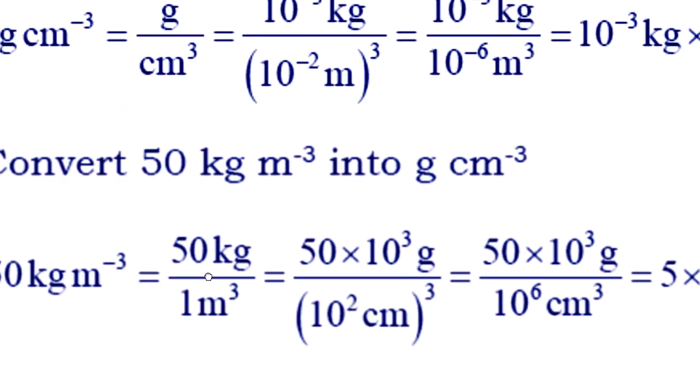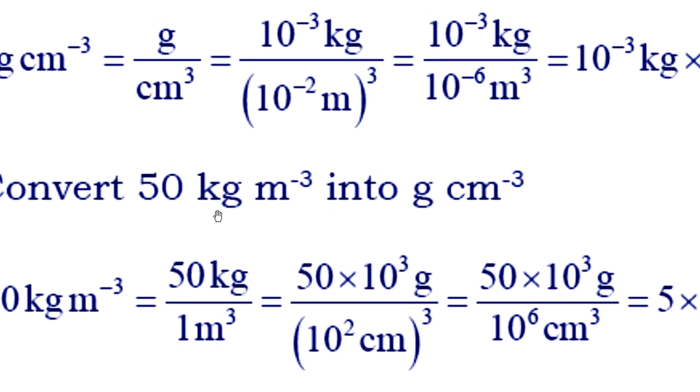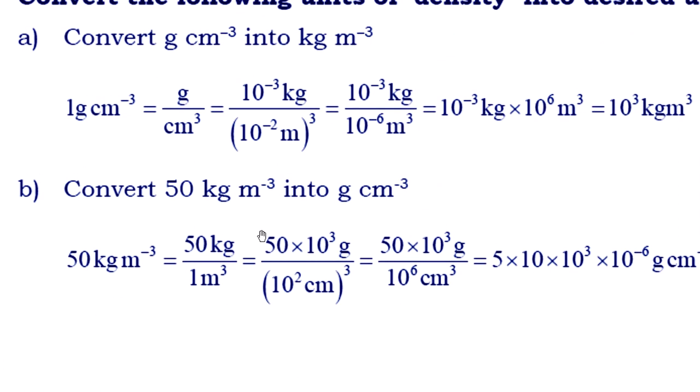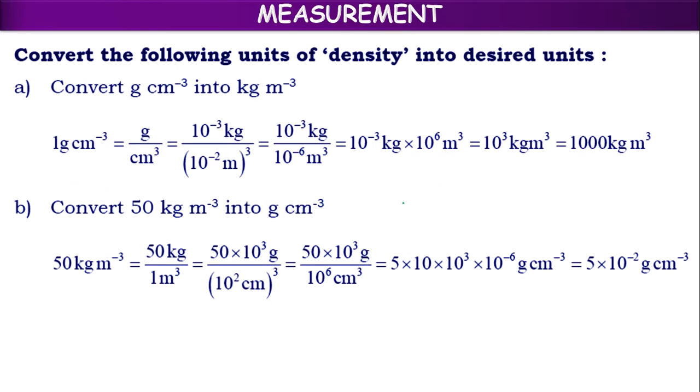You can observe for this question, 50 kg per meter cube into gram per centimeter cube. While converting kg per meter cube into gram per centimeter cube, directly we can multiply with 10 power minus 3 and we can keep gram centimeter to the power of minus 3.